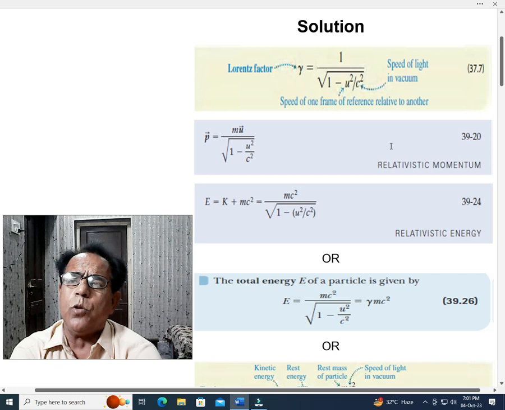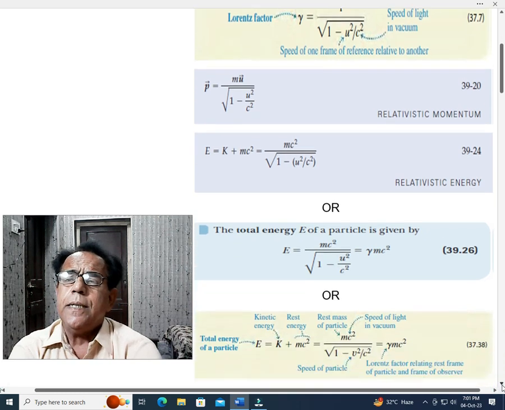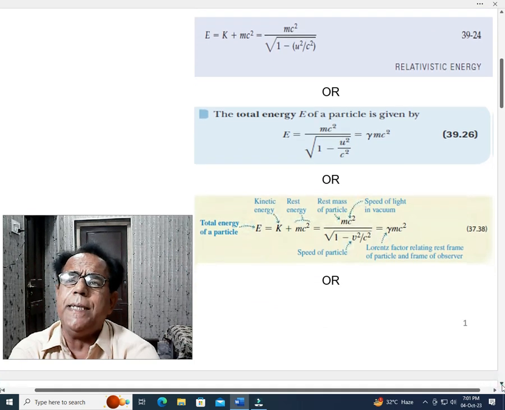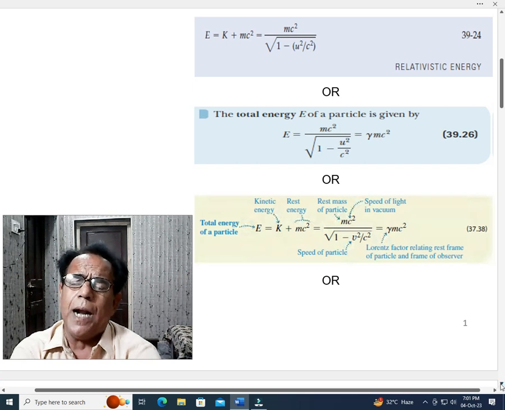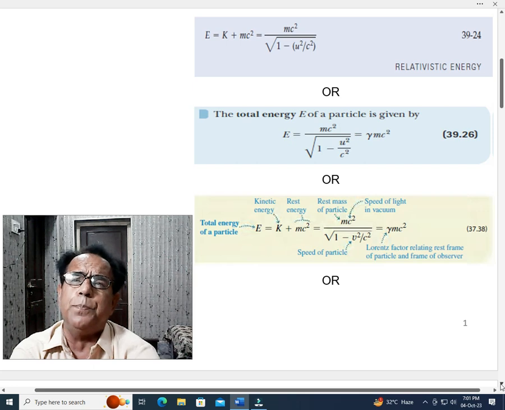Part B will be solved according to the second snapshot, and part C will be dealt with in accordance with either of these 3, rather 4 snapshots, which are alternate versions. These snapshots explain a similar sense, but these have been chosen from various books. Okay. So relativistic energy E equal to K plus mc² alternatively becomes equal to mc² over under root 1 minus u² over c², or alternatively this snapshot is taken in this form.